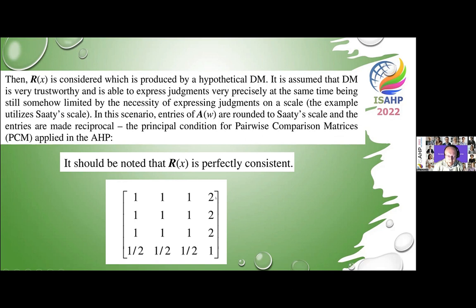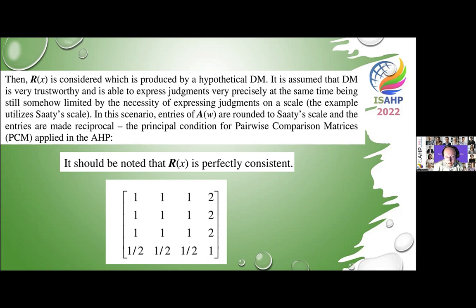On the basis of this matrix, it is possible again to calculate the priority vector with the original eigenvalue method, or any other known method, such as the geometric mean method.